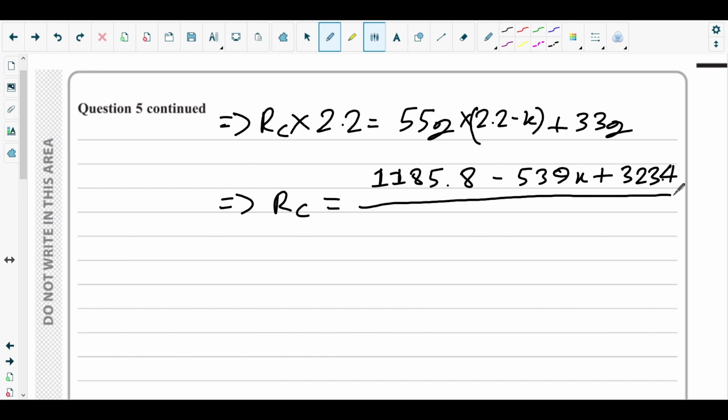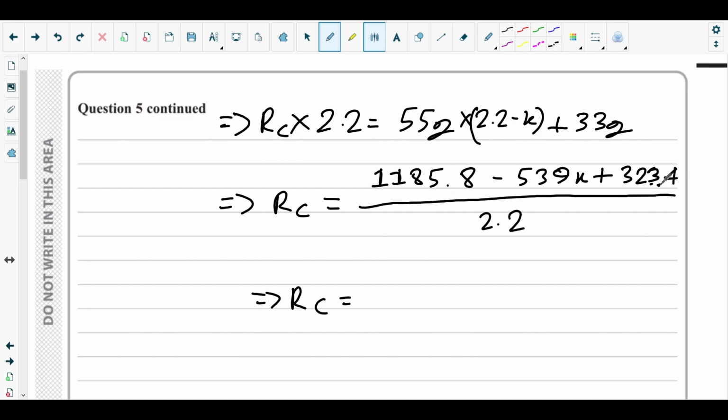over 2.2. So our reaction at C is equal to how much? 1185.8 plus 323.4. Let me write it clearly.